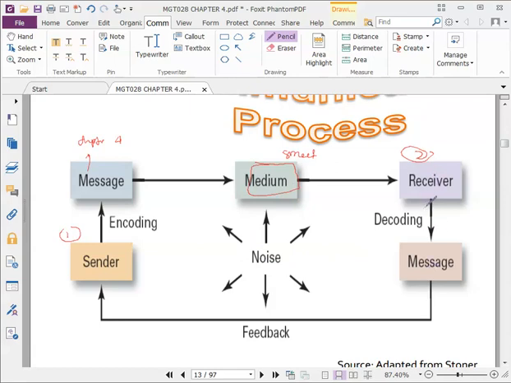Lepas tu, apa yang you kena buat? The receiver, you as a student, decode. Saya encoding, you decoding the message. So maksudnya apa yang saya sampaikan berkaitan dengan chapter 4, did you understand or not? Did you understand the message or not?